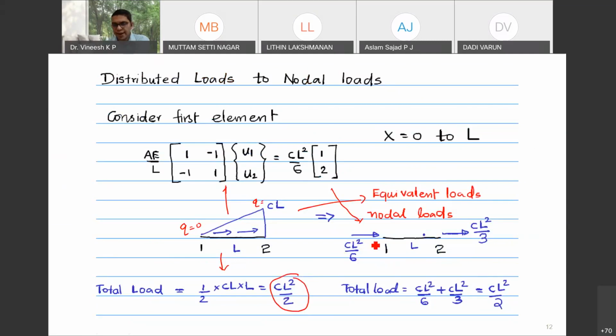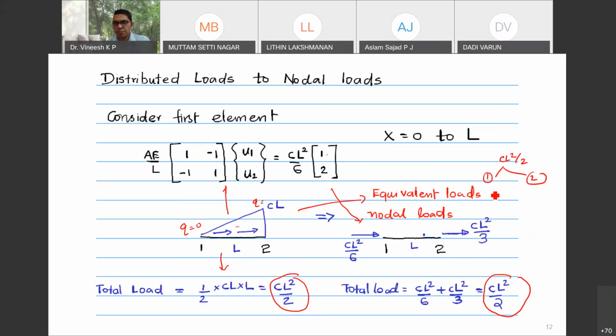And when you add the loads on the 2 nodes, you are going to get CL square by 2. In the previous classes, we wrote the first element condition like this. We found that this is actually a nodal load, equivalent to this condition. That means the load is distributed. Even so, the total load is actually the same. The total load acting on the system is CL square by 2. And this is distributed to the first node and this is distributed to the second node.